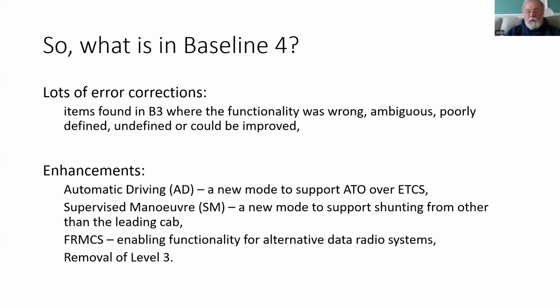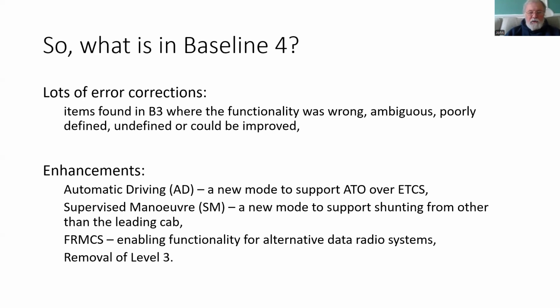A workshop was held in Brussels by the user group, probably now about 10 years ago, where shunting was considered in detail. And it was recognised that ideally one would want to be able to supervise the remote end of the train when you're shunting, so that it couldn't exceed the limit of the shunting area and perhaps go on to another running line.